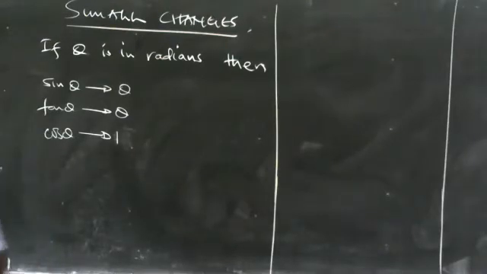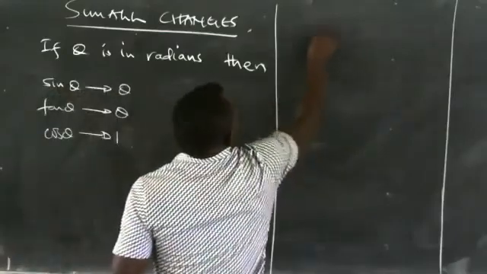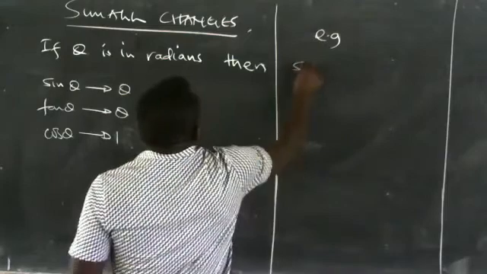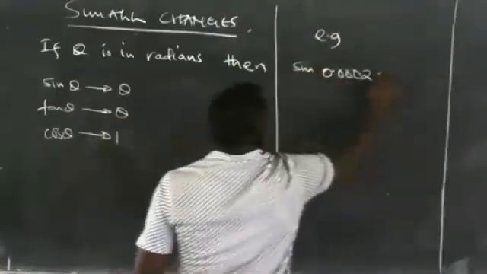I want to show you where this one comes from, what I've written here. If theta is in radians, meaning a very, very small angle. Now try to put your calc in radian. Sine of a very small angle, sine of this angle, 0.0002, will give the same angle.